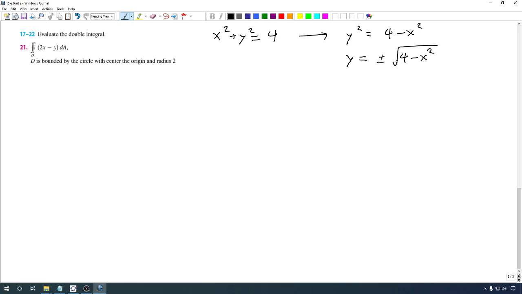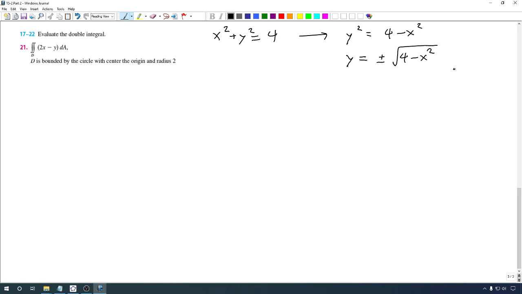So in this case, this is what we'd be doing for type 1, where we've expressed y as a function of x, but then we have two functions. Our top function is the square root of 4 minus x squared. Our bottom function is negative square root of 4 minus x squared.